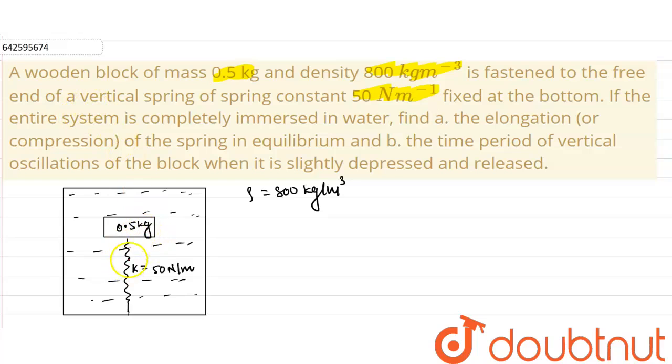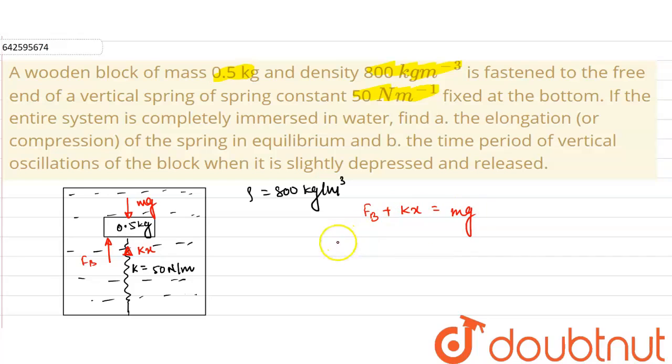So at equilibrium, the spring force will be kx acting vertically upwards, the weight of the block mg will act vertically downward, and the buoyancy force applied by the water will act vertically upward. So at equilibrium the buoyancy force plus the spring force will balance the weight of the block.